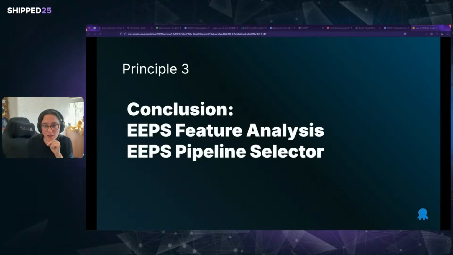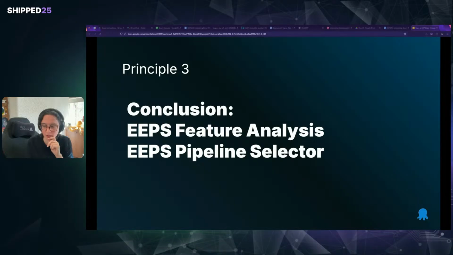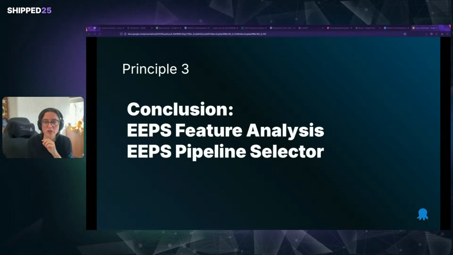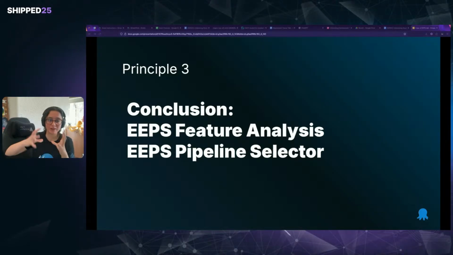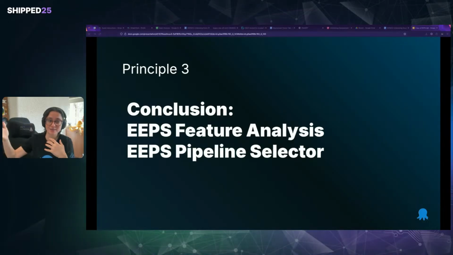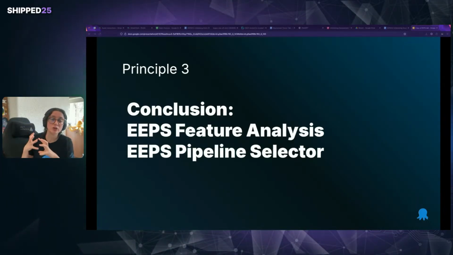So the next part, the selector, allowed us some level of safety, because one of the things we did was toggle that selector behavior. Remember, we would run the feature analysis and ask, can it work on V2? If it can, it goes into the selector that would usually select V2.